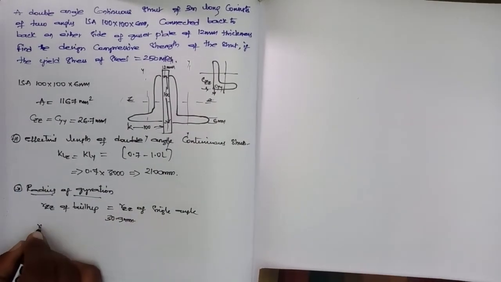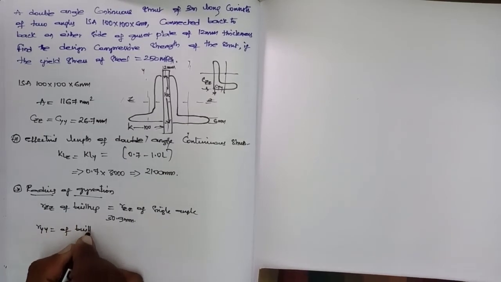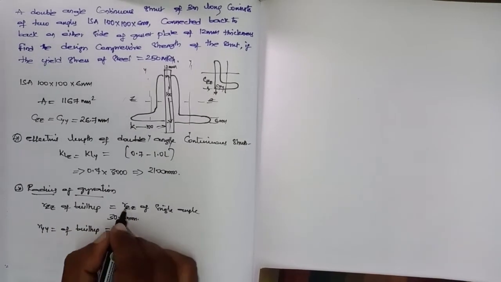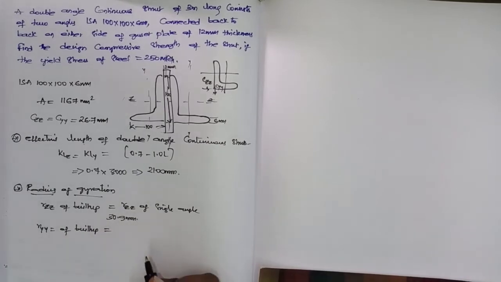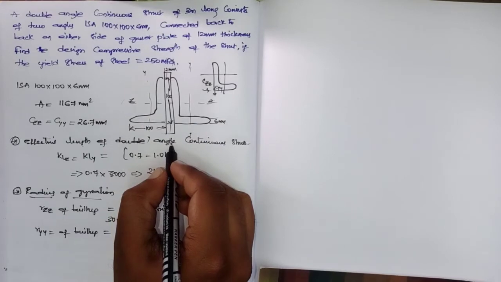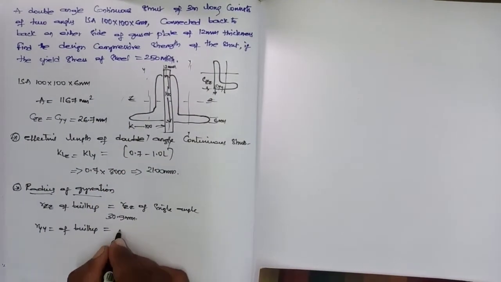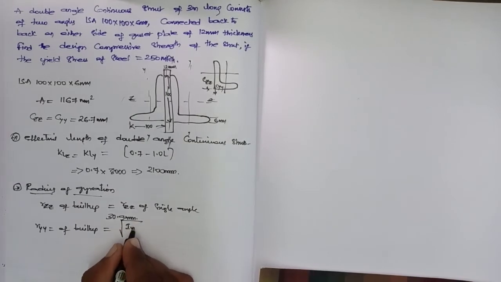But ryy of built up will not be the same as that of a single angle, because the y axis for the whole section differs from that of each angle, so it will vary. So ryy is the square root of Iyy of built up by area.